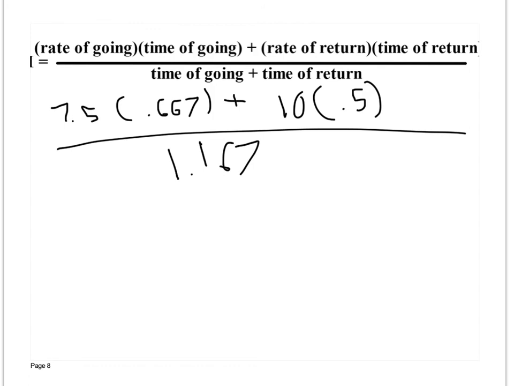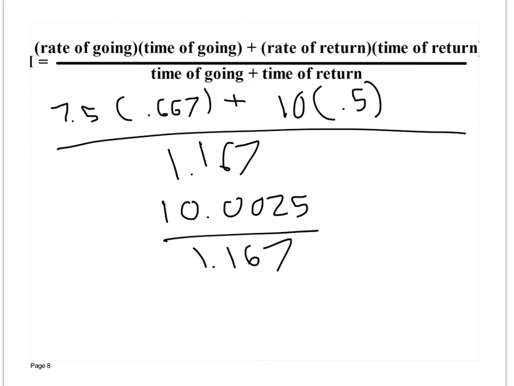What's their average speed? We go ahead and add all this up: 7.5 times 0.667 plus 10 times 0.5. That gives you a total of 10.0025 over 1.167. When you divide, that tells me my average speed was 8.6 miles per hour.